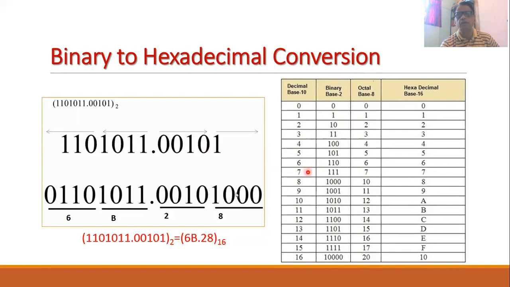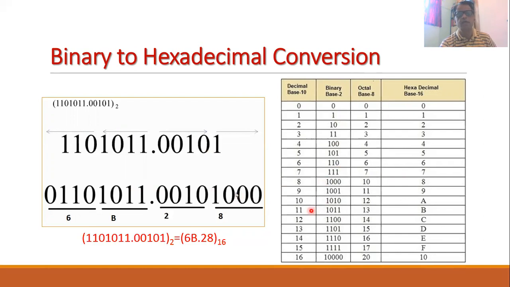So 1011, when you look into the table, stands for the character B in hexadecimal. Therefore, 1011 can be replaced by B. 0110 can be replaced by 6. Then 0010 can be replaced by the hexadecimal digit 2, and 1000 can be replaced by the hexadecimal digit 8.